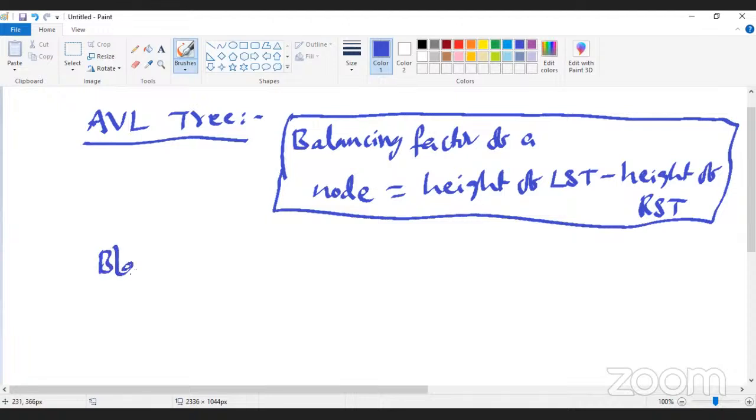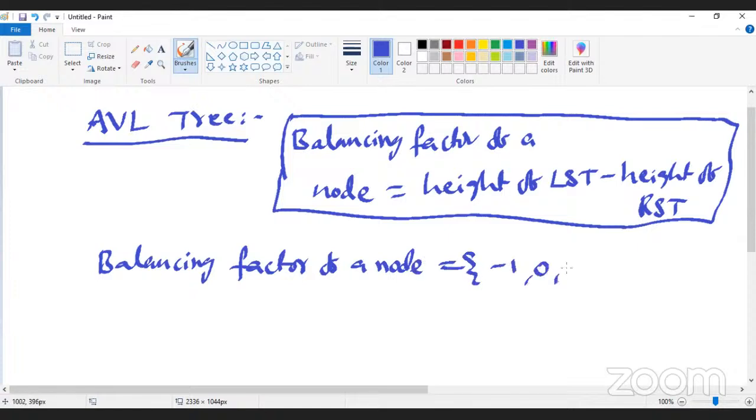And the balancing factor of a node should be within the range -1, 0, 1. Will you note it down? Yes, sir.